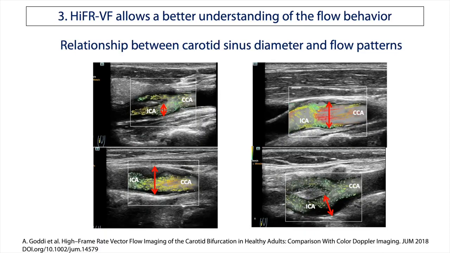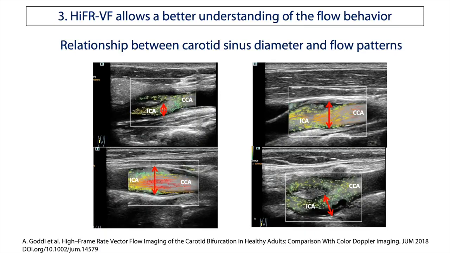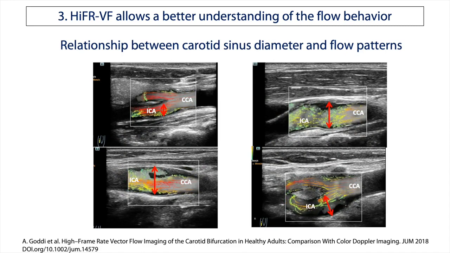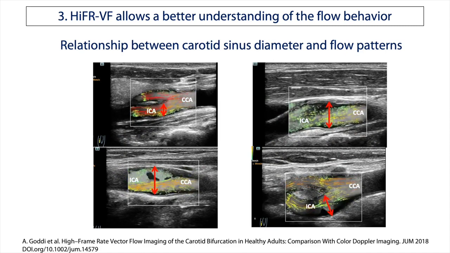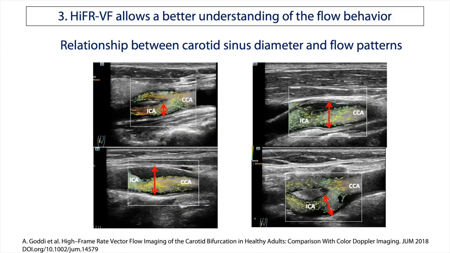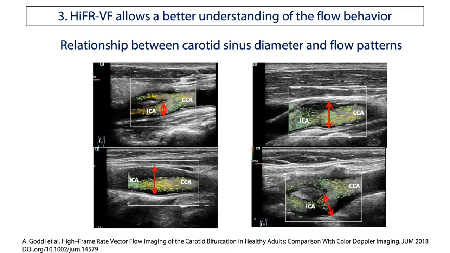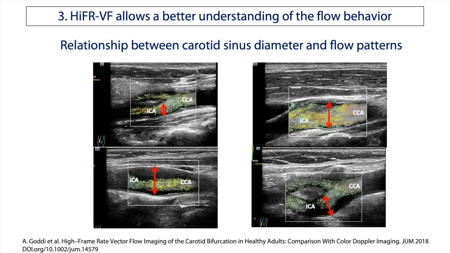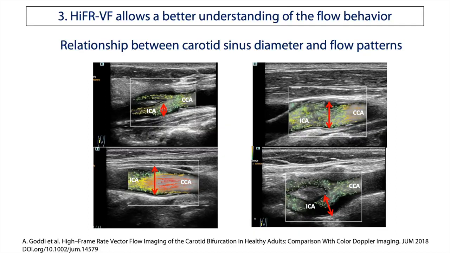As demonstrated in a recent paper of ours, V-flow highlighted a larger extension of the complex flow compared to color Doppler, and vector depicted different complex flow patterns. A strong correlation was found between the ICA to CCA diameter ratio and the complex flow extension.